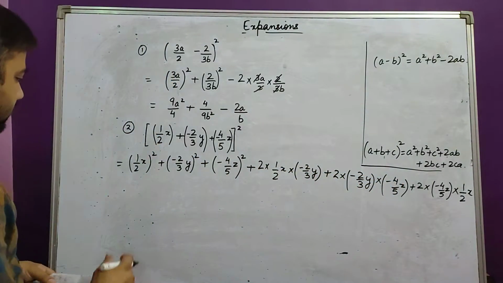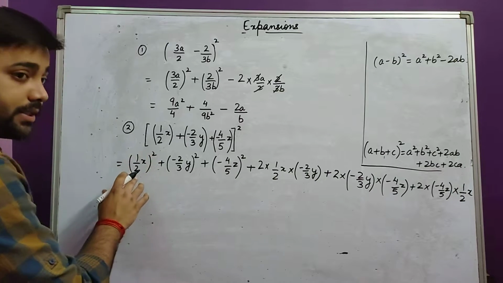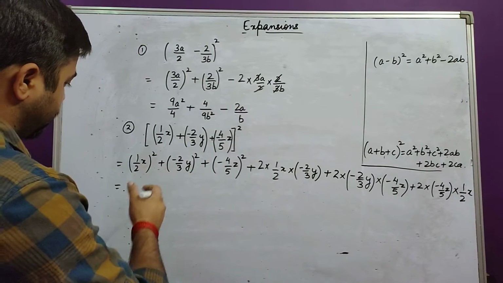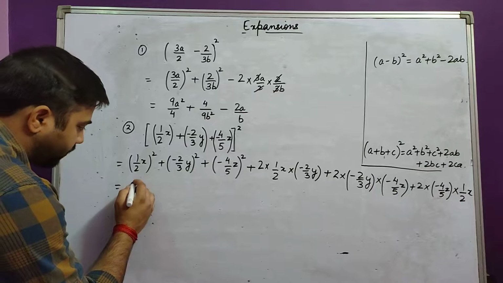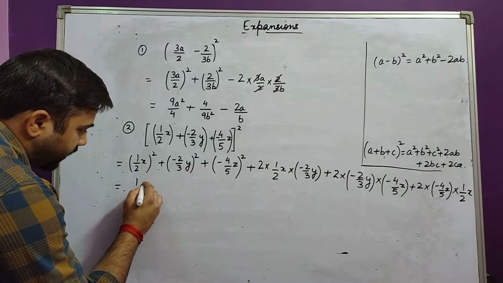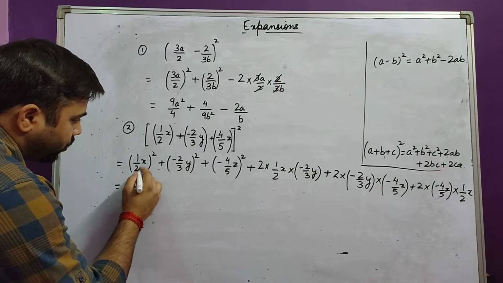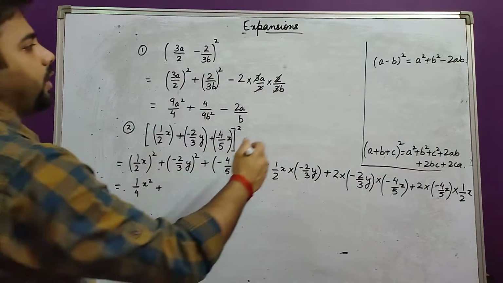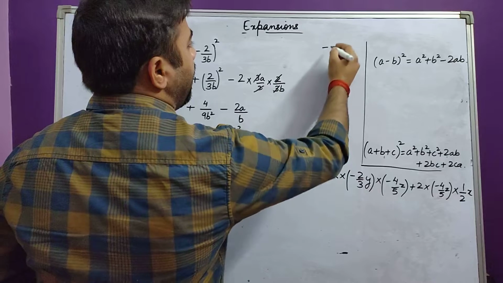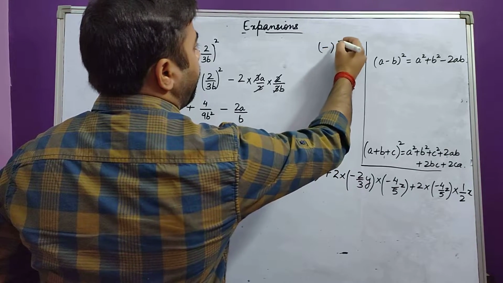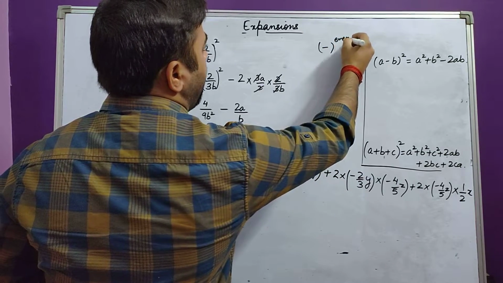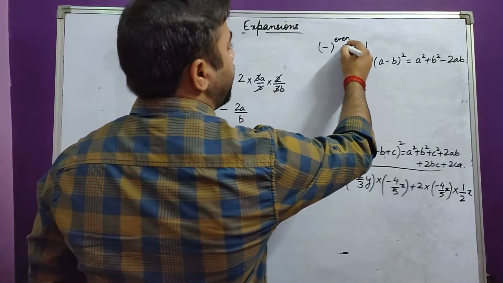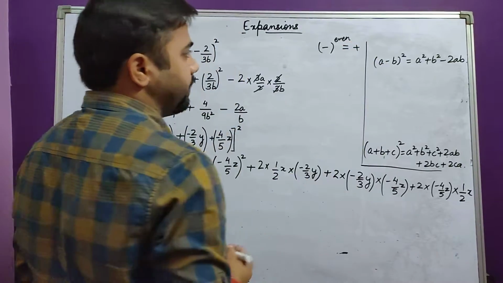First of all, let us square it. All the terms inside the bracket will be squared. That is 1 square, that is simply 1, x square, that is x square. Now 2 square, that is 4. Plus, now one thing: whenever there is a negative sign and a number over here and we have an even power, we are always going to get a positive sign.